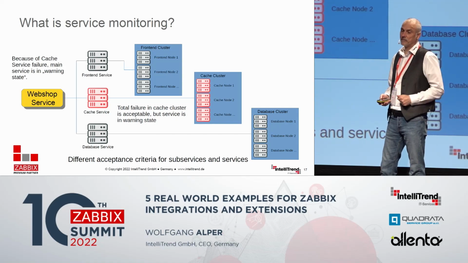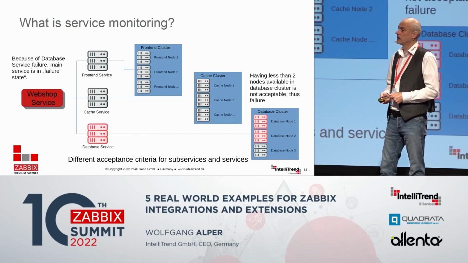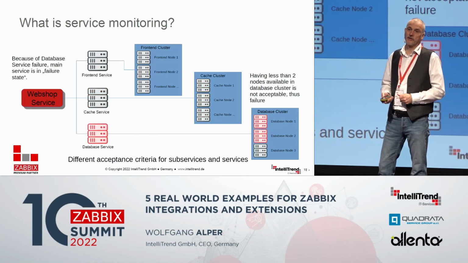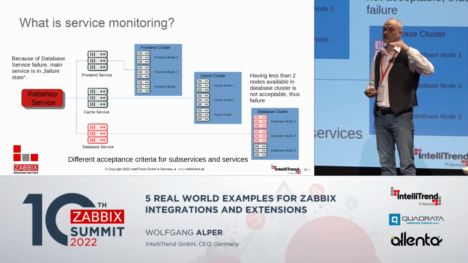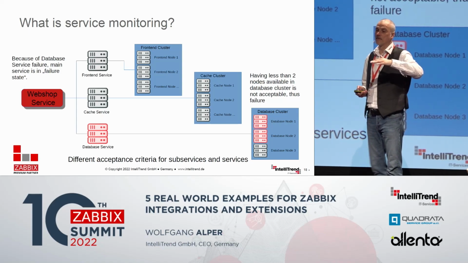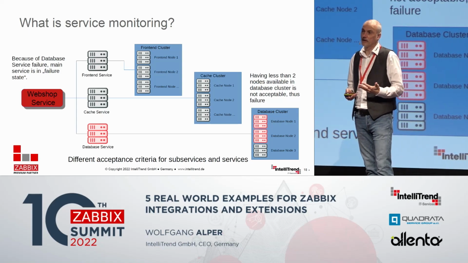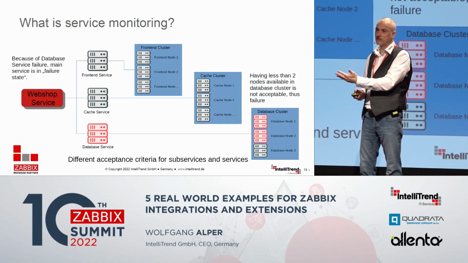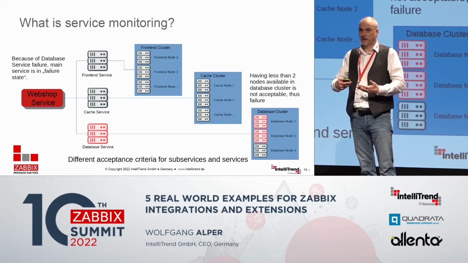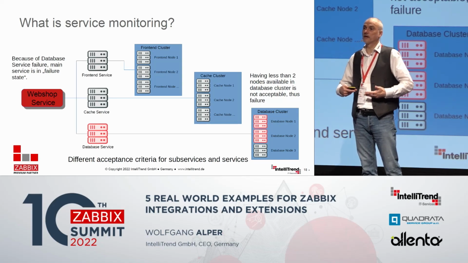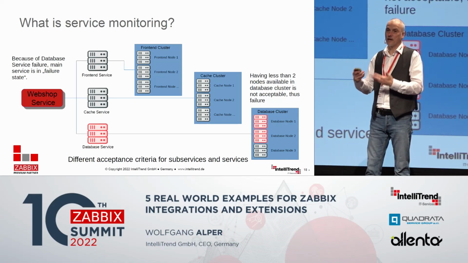And the last point I'm making, to make things more complicated, is the example of our database service. Yeah? In this slide, we see that the database service is down, although one of the database servers is still running. And we have a company policy in place that says to avoid a split brain situation, at minimum, we require 2 database servers up and running.